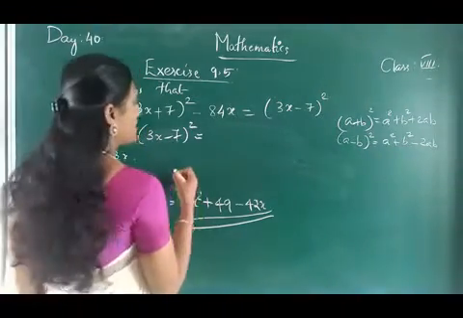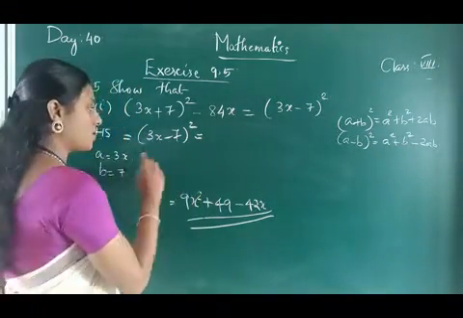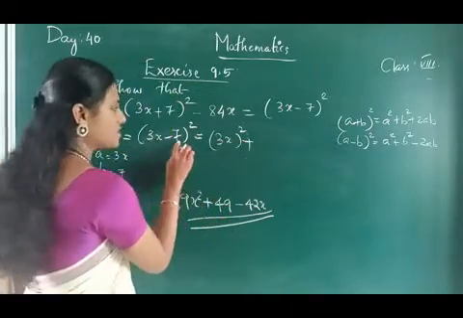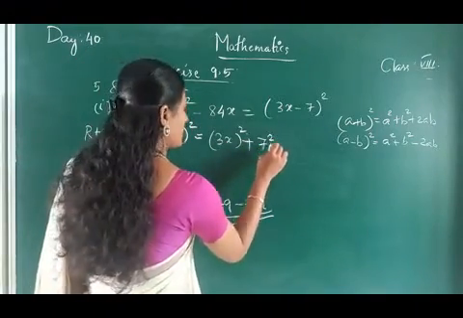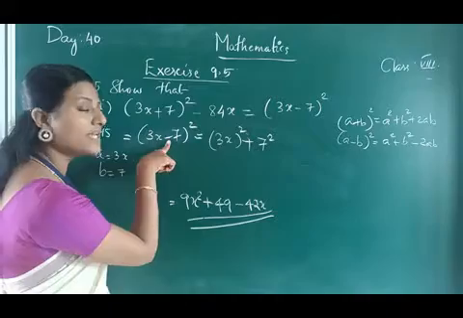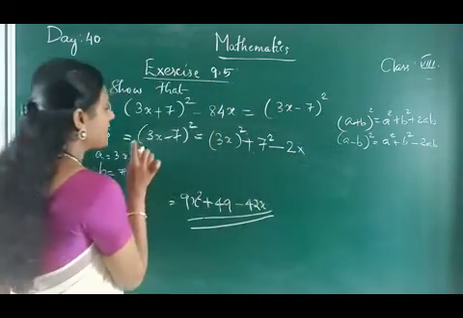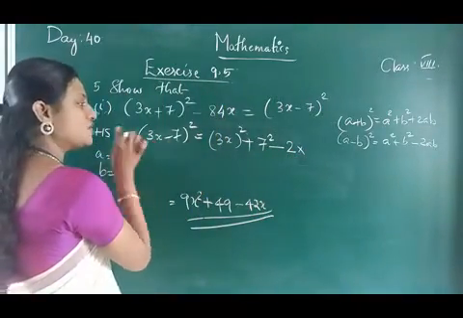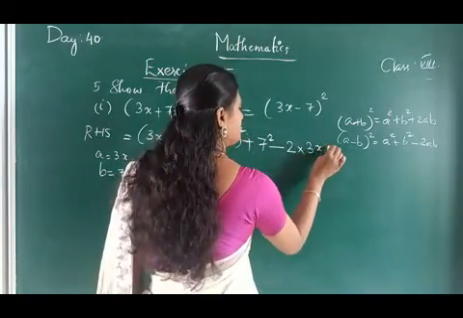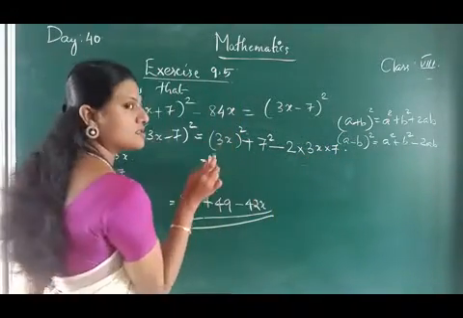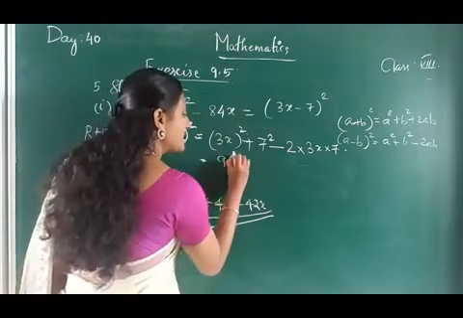So A minus B the whole square is A square plus B square, which means 7 square. The sign here is minus, so you put minus 2 into A into B, that is 3x into 7. What is (3x) the whole square? 9x square.